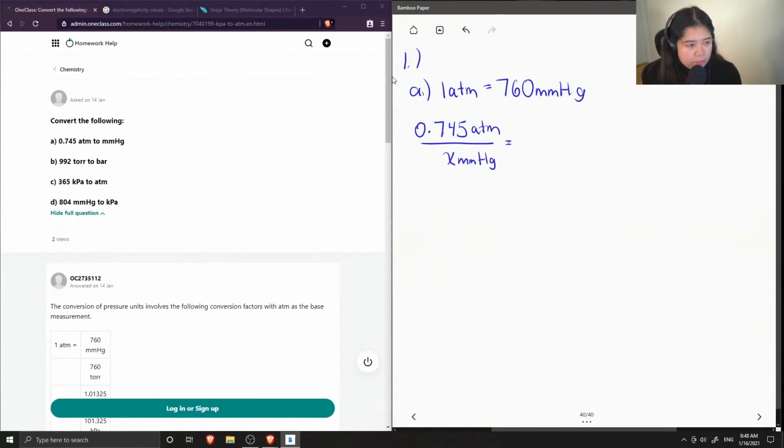And now this is where our conversion factor takes place. Actually it should be the other way around, where you put your unknown on top and what you are trying to get rid of is at the bottom.